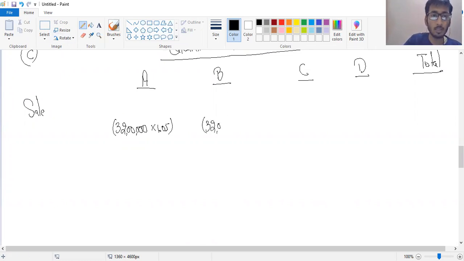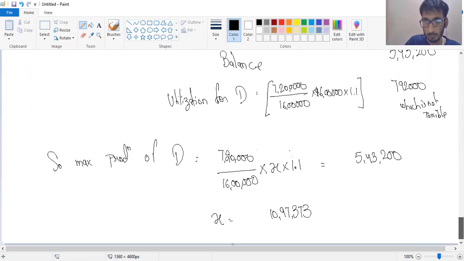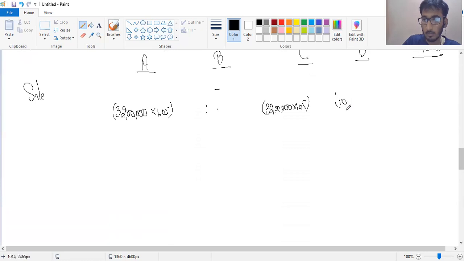No, for B it is nothing. Since all the raw material is over, so B would be nothing. It would be 32 lakh multiplied by 1.05, and it would be 1097,373, and 5% increase in sale price would be there.